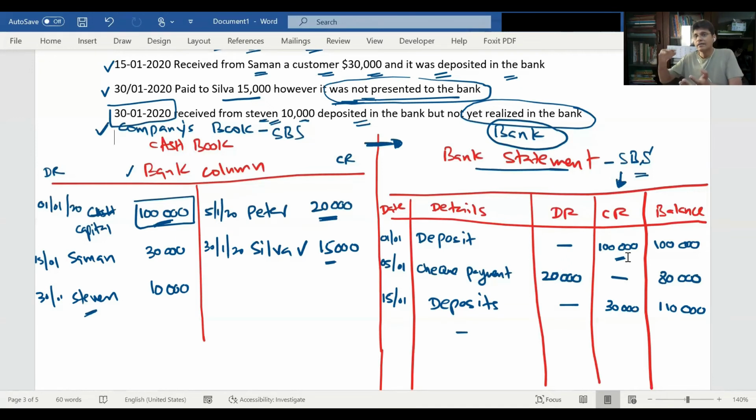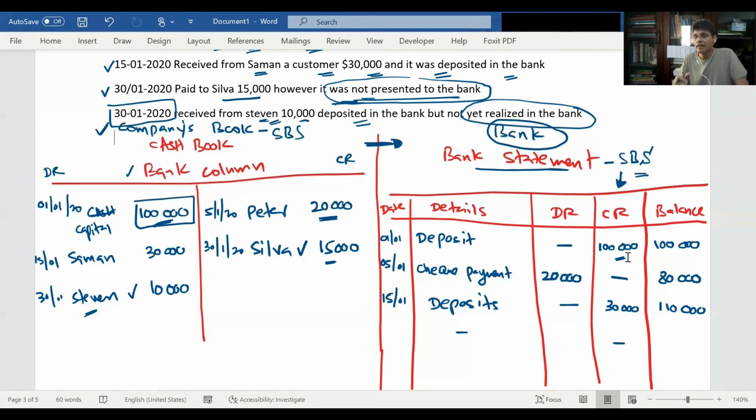Until the bank gets a clearance, it will not credit our bank account. Even though you deposited, and the accountant knows he deposited and will debit our bank account, the bank has to get a clearance from Stephen's bank. But until 31st, they did not get a clearance.